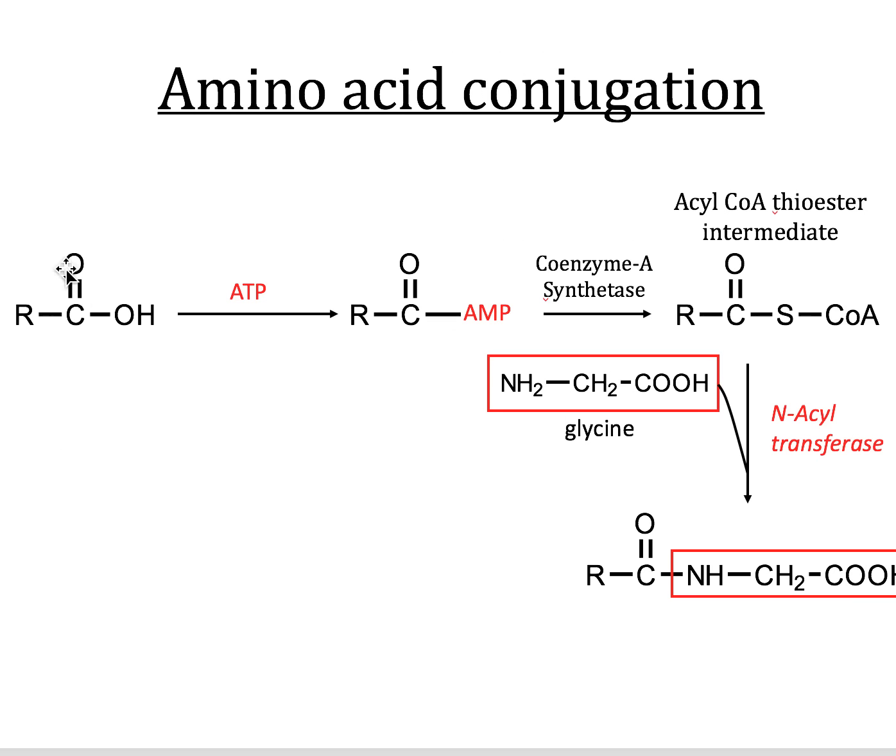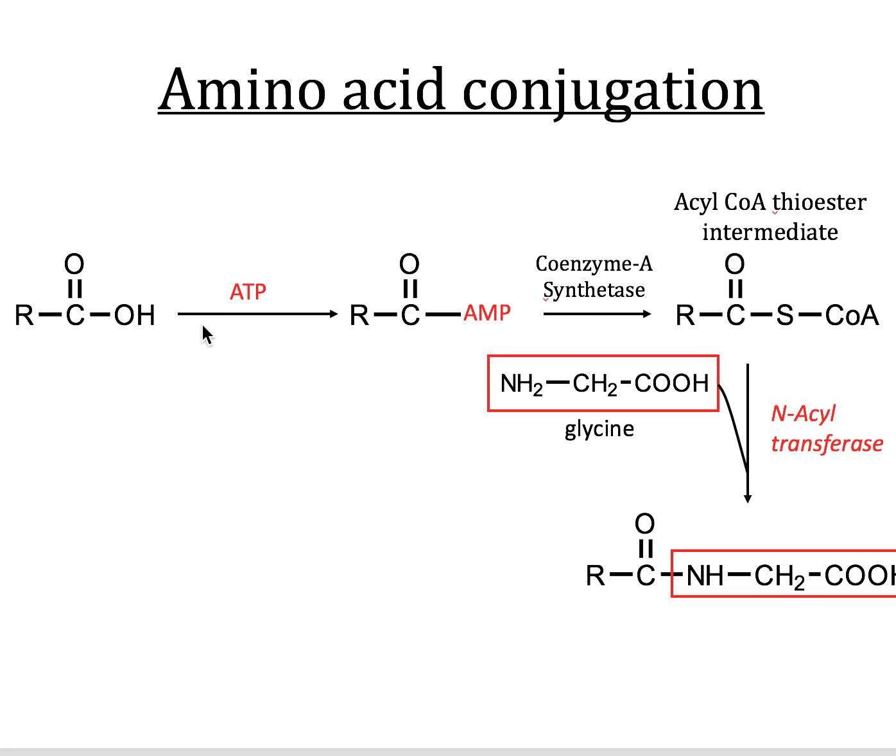So what we're looking at is a carboxylic acid here. What we're interested in is this bit here, but I'll take you through the steps of what exactly happens. First you have the carboxylic acid.